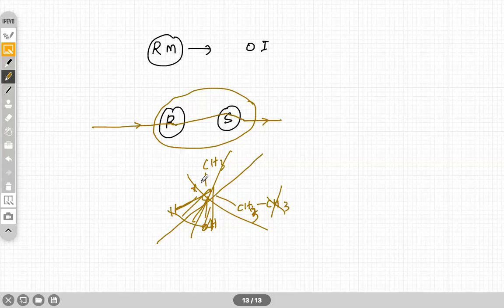So let it be for now. Chirality we'll find out: if there is no plane of symmetry or center of symmetry, the molecule is said to be chiral. But the symmetry elements, I haven't discussed. You just have to focus on the presence of the chiral carbon. If one chiral carbon is there, it is chiral, optically active. Symmetry elements we'll discuss in regular classes. It is not required for KVPY.